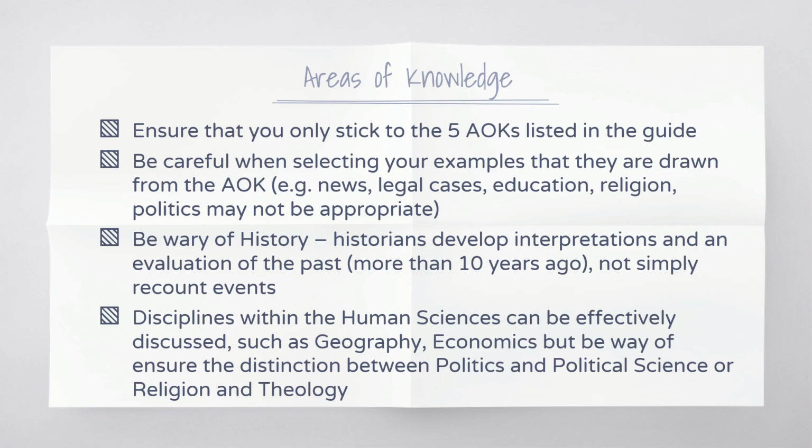That may have been the historical method a long time ago, but modern historical method is really focused on developing interpretations and evaluation of the past, not simply recounting them. So recounting events as examples to support your particular argument is not history, and so you haven't used history appropriately.